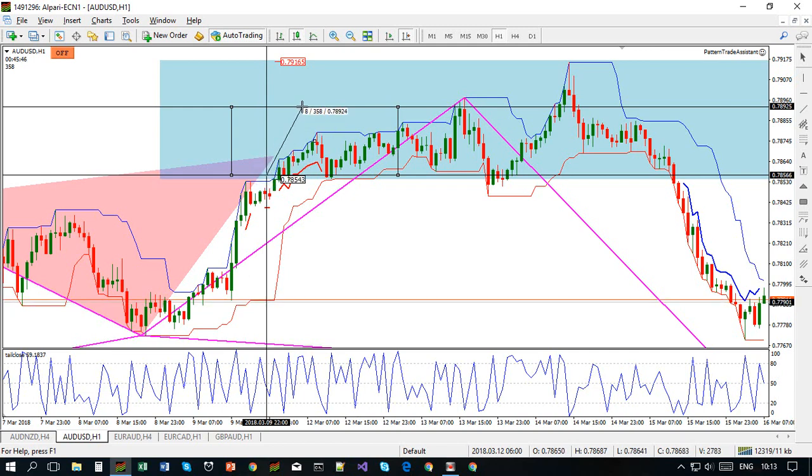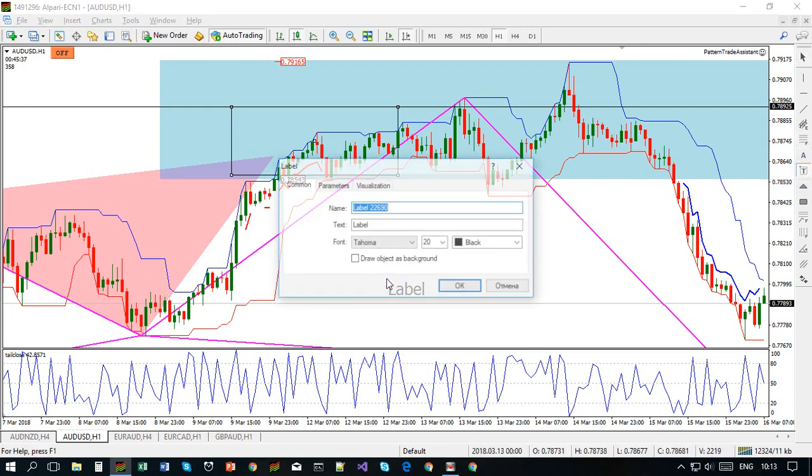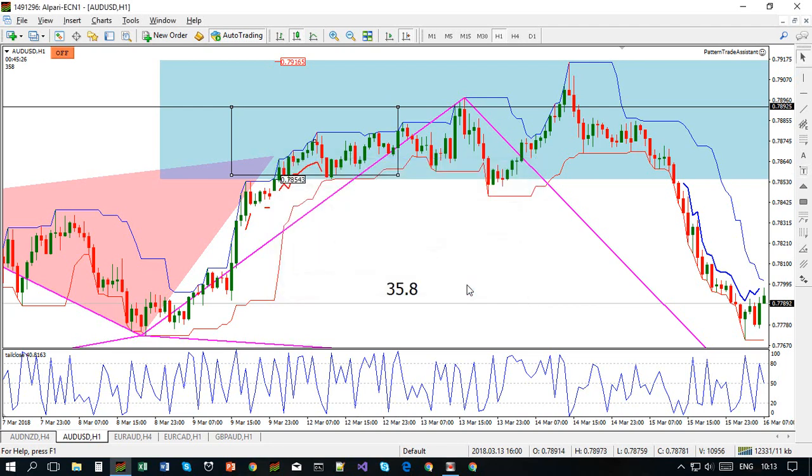So this initial stop loss is 35.8. Let me type it here in the label. This is my initial stop loss. Okay, now look at what should be done.